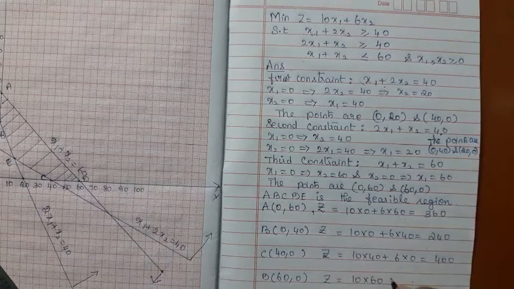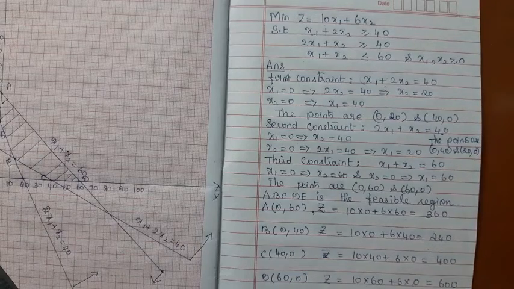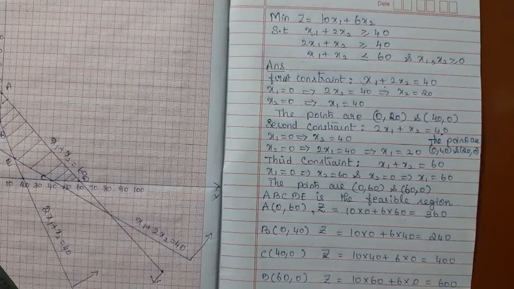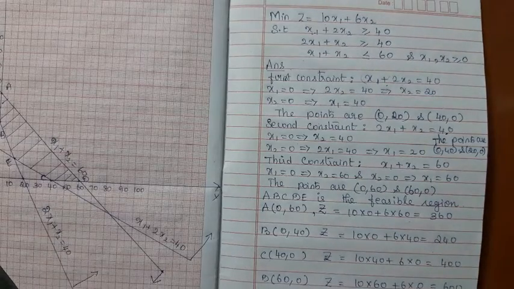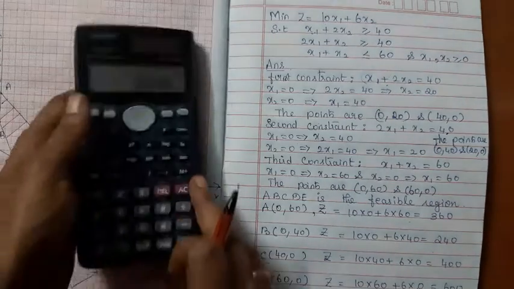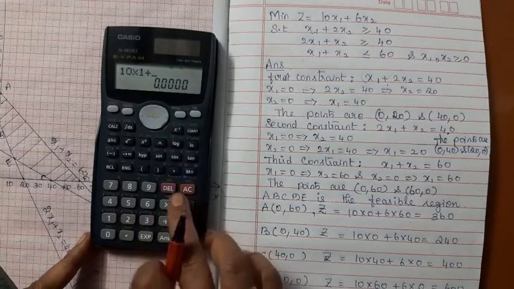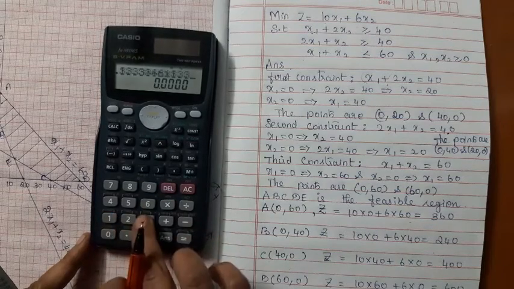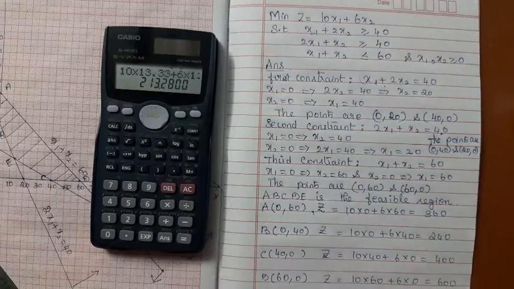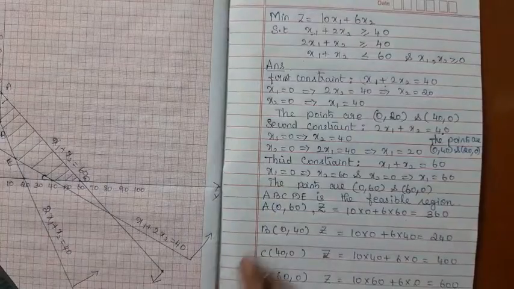At D: 10 into 60 plus 6 into 0, you get 600. At E: 10 into 13.33 plus 6 into 13.33, you get 213.28.